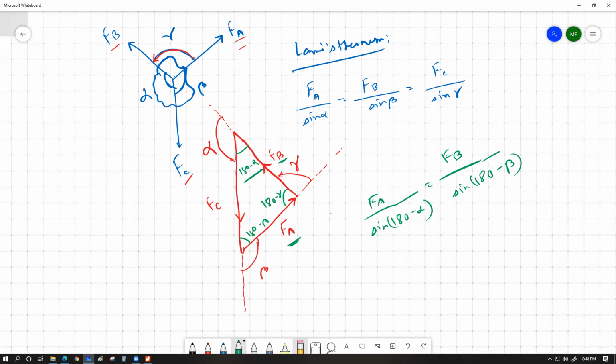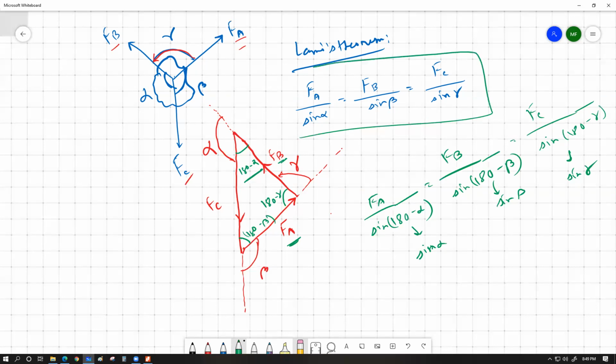FB's opposite side angle is 180 minus beta, this one. Should be equal to FC divided by sine of 180 minus gamma. So that's the equation, and you should know from trigonometry that this ratio ultimately becomes sine alpha, and this becomes sine beta, and this becomes sine gamma naturally, which means we have Lami's theorem right over here.